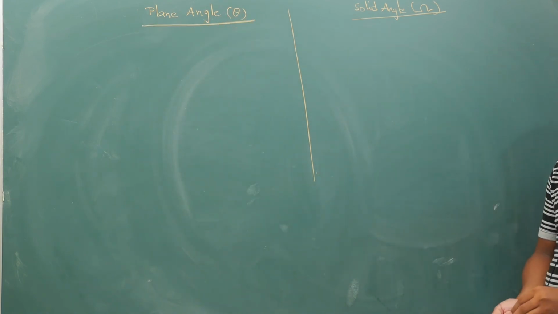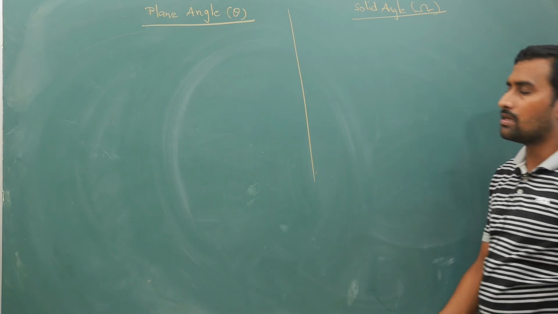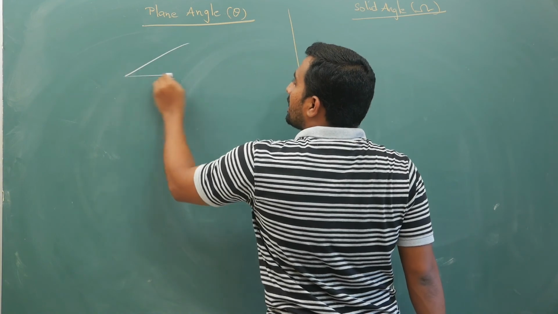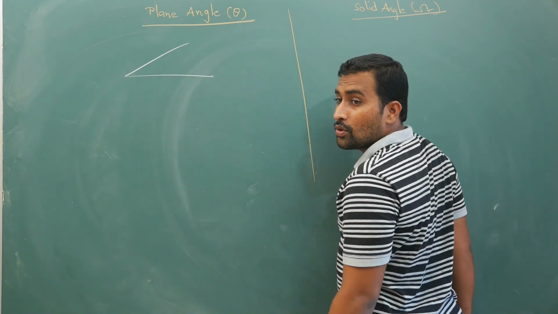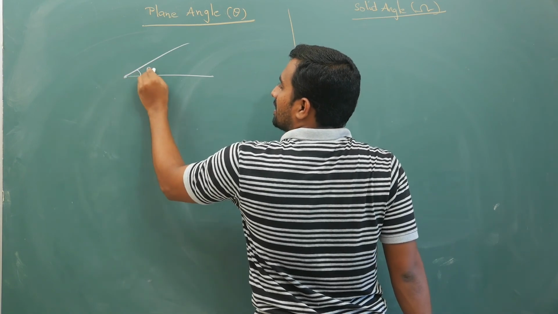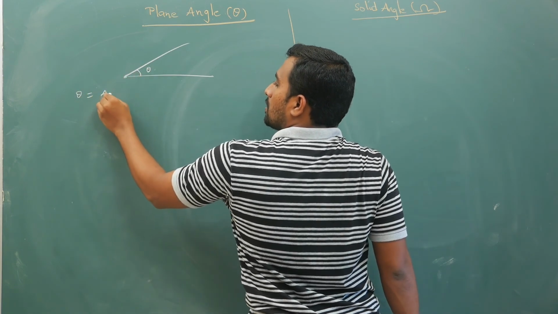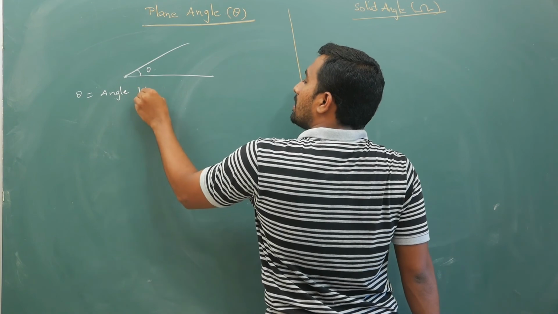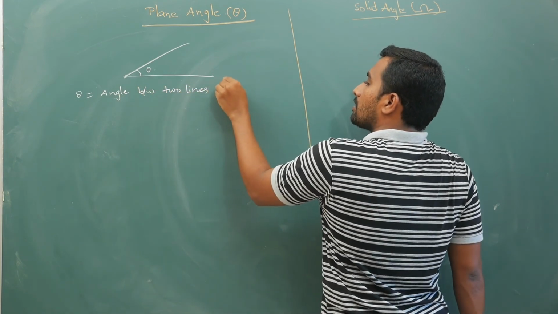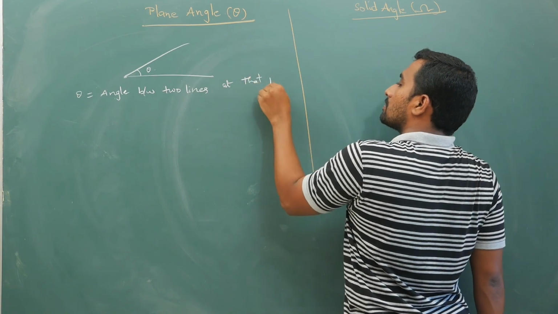First and foremost difference: when you define plane angle, plane angle is the angle between two lines. So your plane angle theta is the angle between two lines at that point.